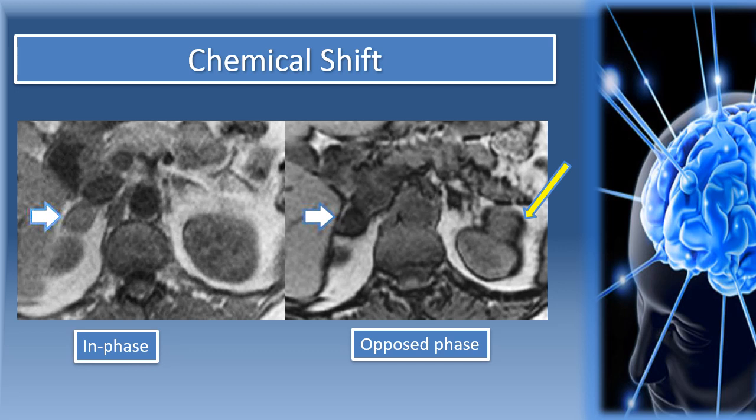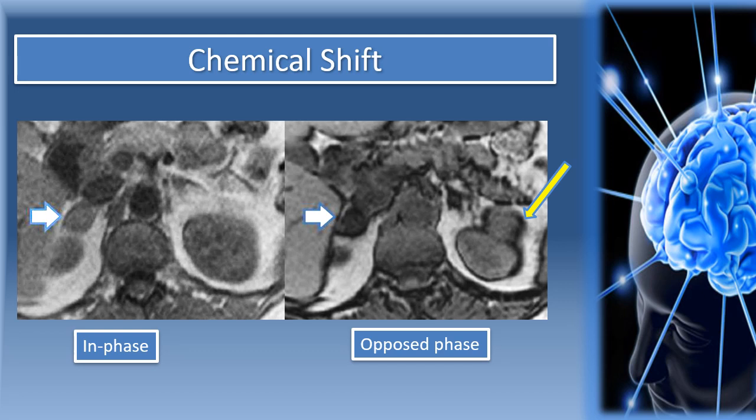This is an example of a chemical shift sequence. As we have mentioned, it produces two groups of images. On the left side of the image, this is the in phase image, and the other image we call the opposed phase or out of phase image. How can we discriminate between them?